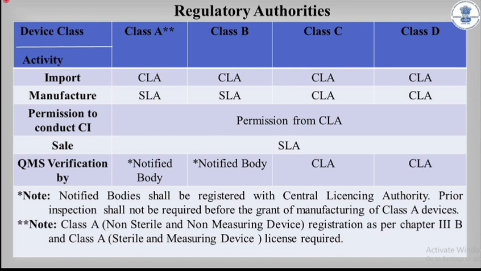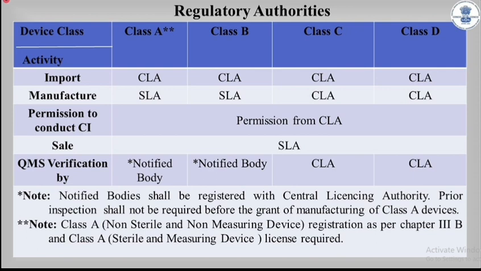Conducting a clinical investigation is a study of a new medical device which has not been approved in the country, totally new in terms of the intended use, new in terms of the material of construction, new in terms of the design or the performance. So in this case, to enroll human beings to conduct such a study, permission is required, and that permission is issued by the central licensing authority.